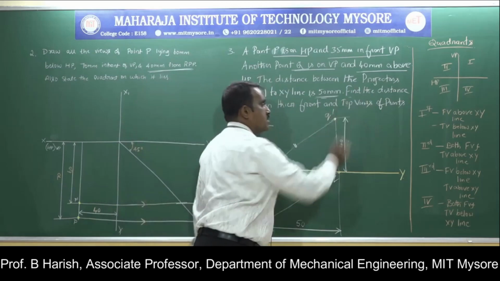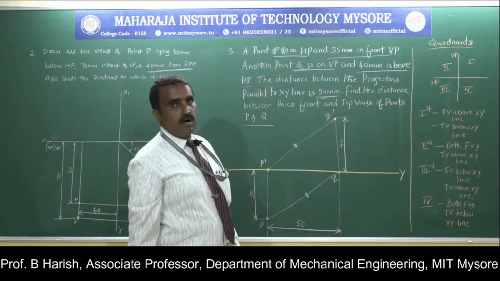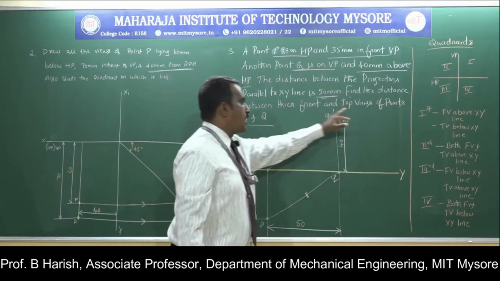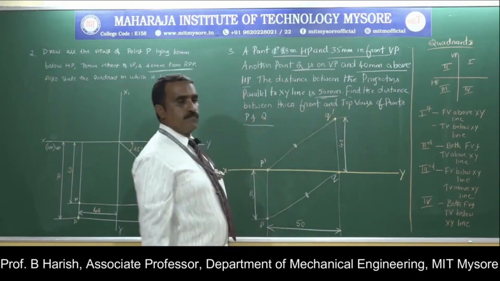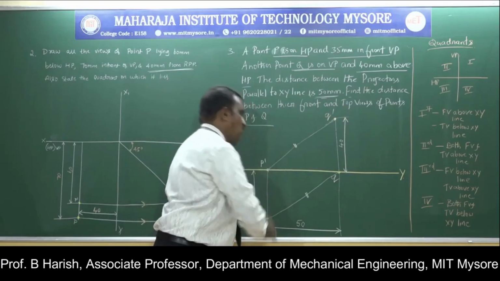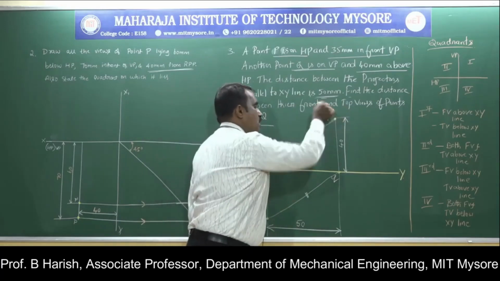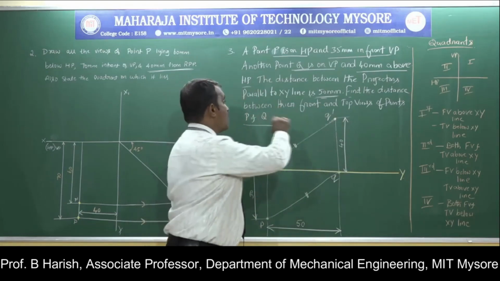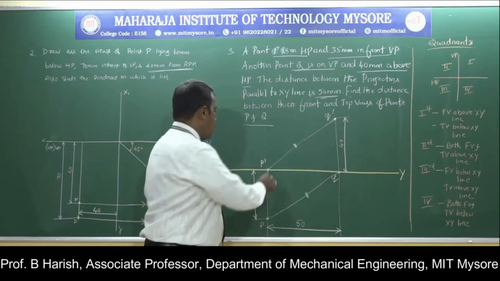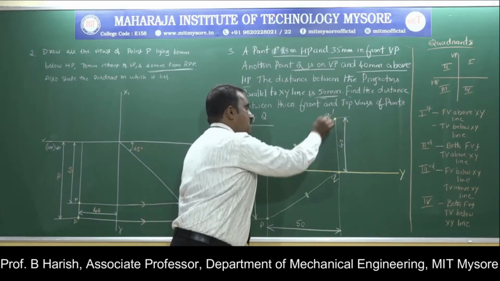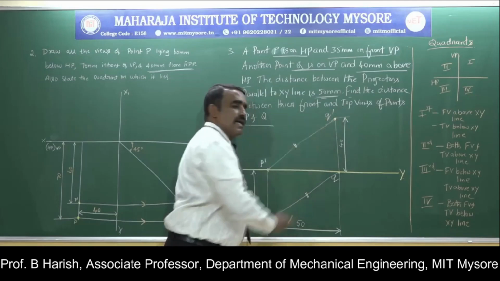Next, he has given something that has to be found out: the distance between the front and top views of points P and Q. This is the front view of point P, this is the top view, this is the front view of point Q, and this is the top view of point Q. I'll join the front views P dash and Q dash by a thin line.